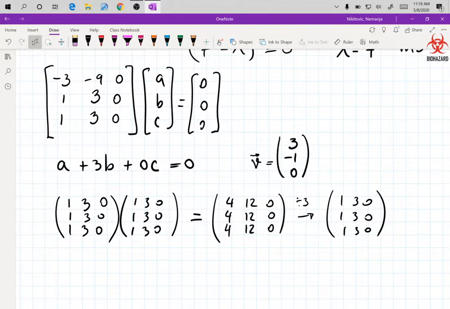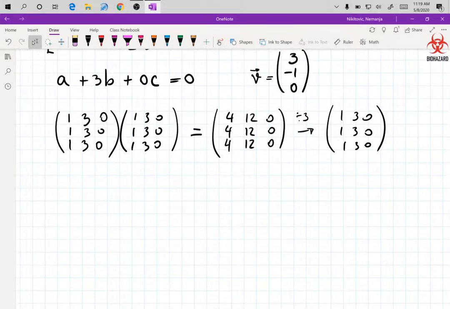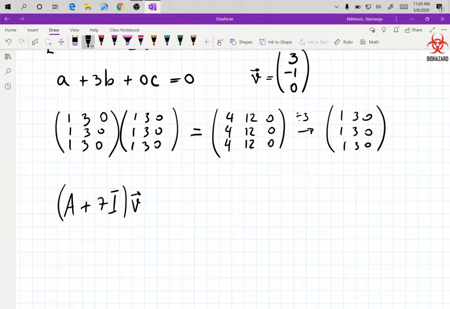So we can have, now again, this is going to be A plus 7I times vector v you already found, right? And that's going to multiply all of the values from the matrix A, and it's going to multiply it and get it.